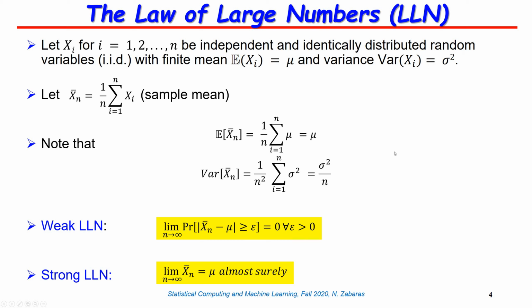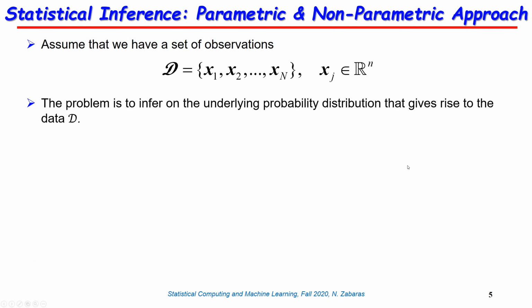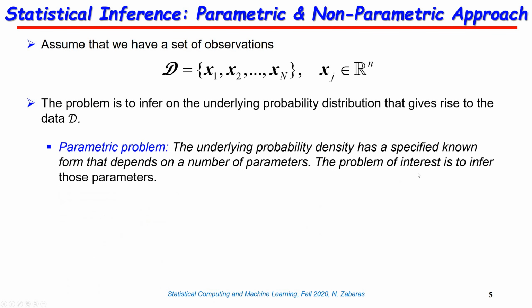So the bigger problem, where you estimate the parameters of a distribution from data, is a typical problem in statistical inference, where somebody gives you a bunch of data coming from some underlying distribution, and I make this data here vectors in Rn. Maybe you make some assumption about what the distribution will be, and we call this the parametric problem. So maybe you assume that it's a multivariate Gaussian, and the parametric problem is to compute the mean and the variance of that multivariate Gaussian by using the data D that you see on the top.